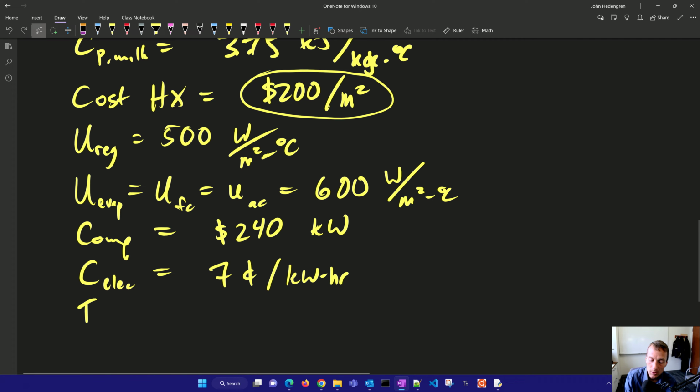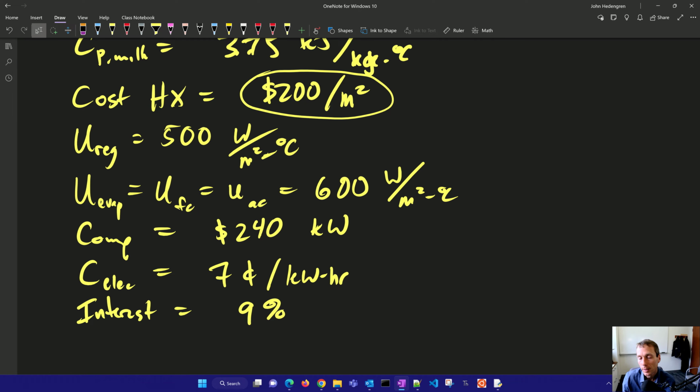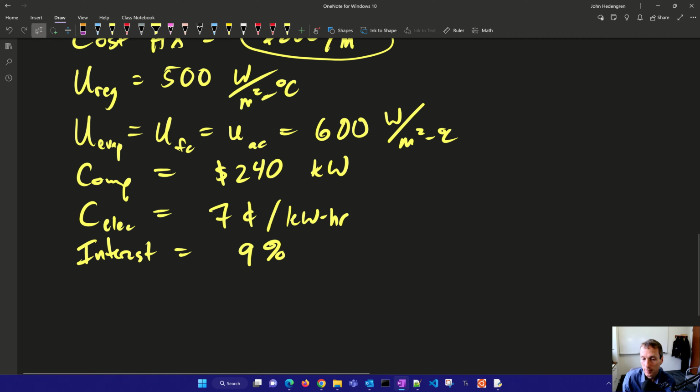The interest rate is going to be 9%. Maybe you have a lower or higher number, you can adjust those and then re-optimize it. If you have a higher interest rate, you might favor putting more into the utility side, for example, instead of the upfront capital cost, because it costs more to invest and build that plant.